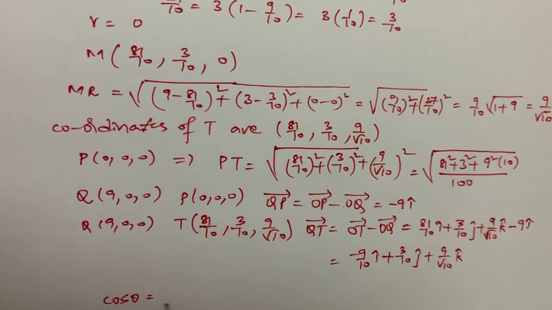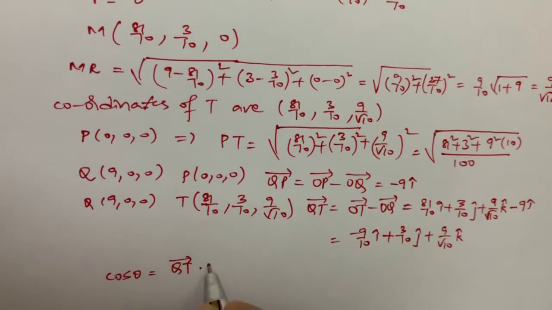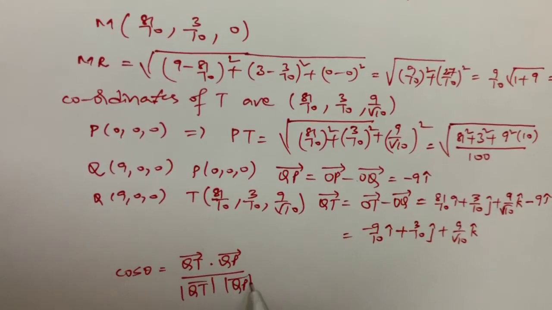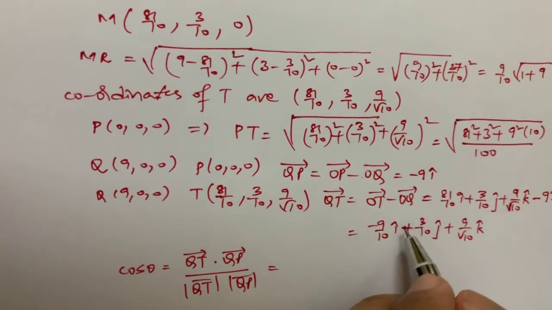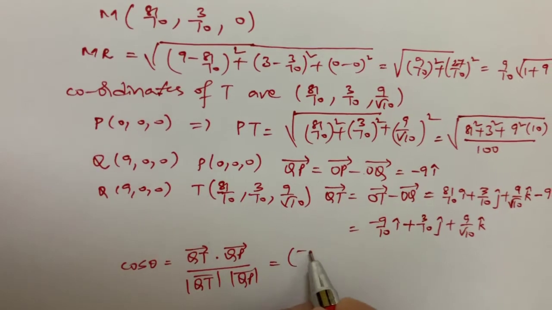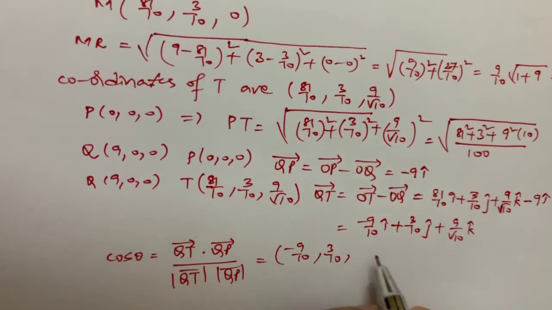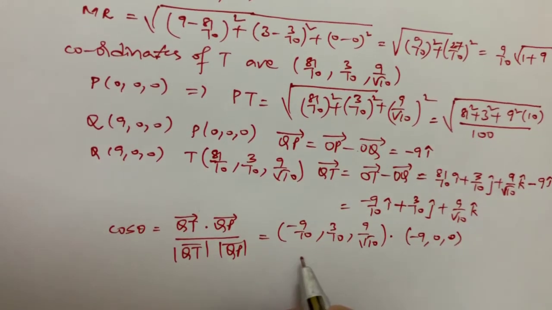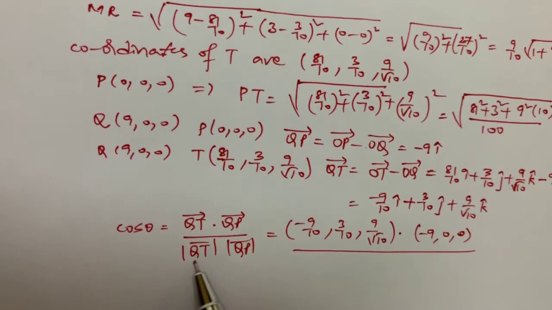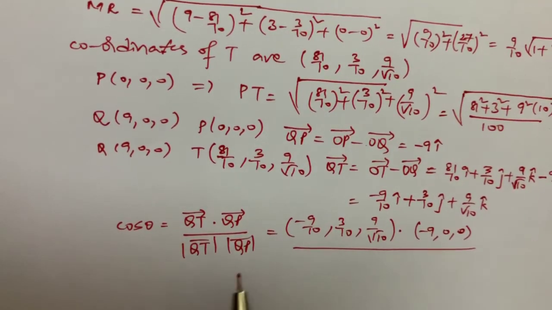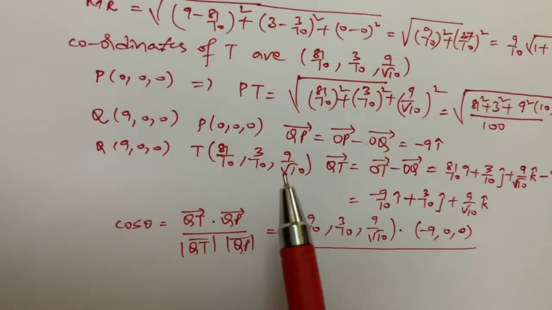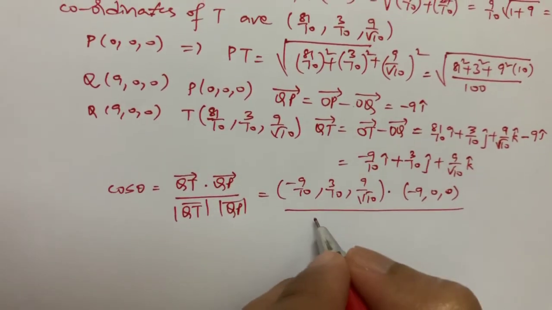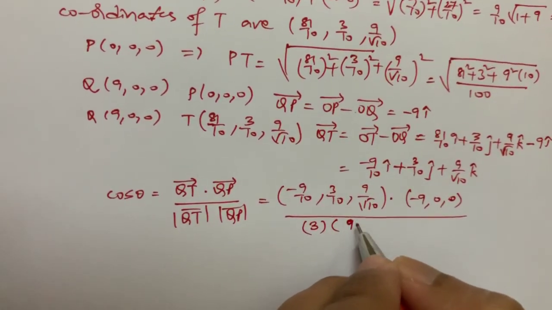So cos theta is equal to QT dot QP divided by the magnitude of QT times the magnitude of QP. If I do the dot product, it is (minus 9 by 10, 3 by 10, 9 by root 10) dot (minus 9, 0, 0). QT is nothing but QR, because the length will not change even if you fold the paper. So QT and QR are one and the same. QR is 3, and QP is 9.